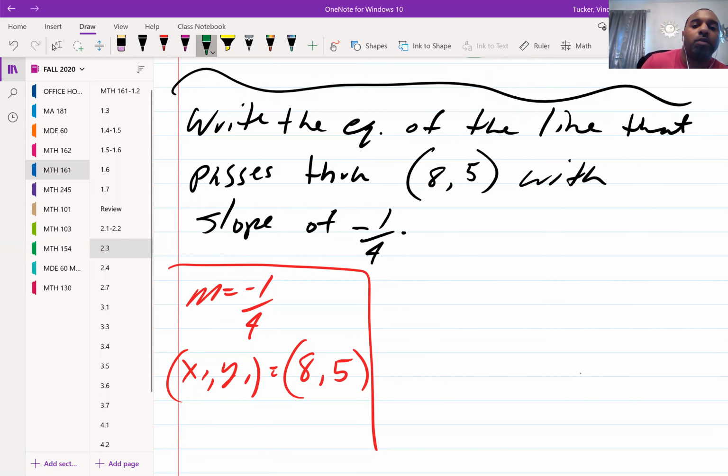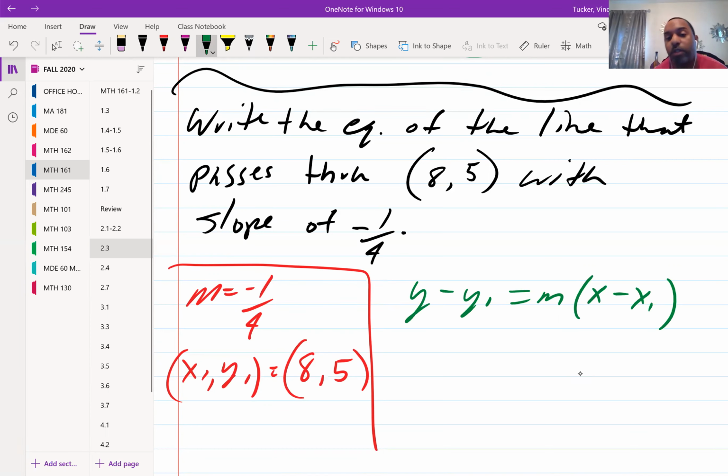All right, so let's plug it into the formula. Y minus y1 equal to m times x minus x1. Point slope formula, because all you need is a point and a slope to fulfill the requirements of the equation.